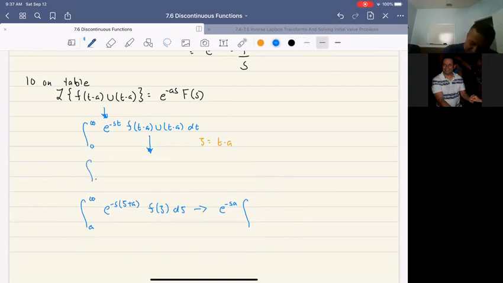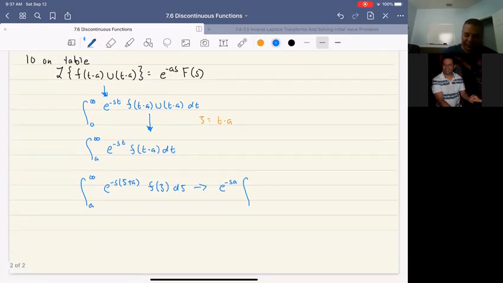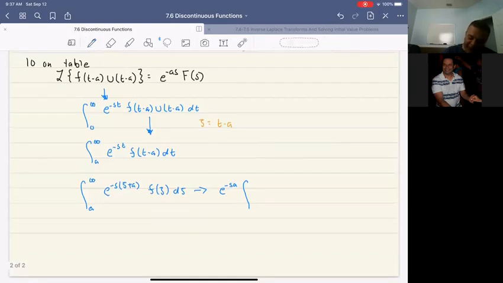This is actually from a to infinity, e to the negative st, f of t minus a dt. Okay, then we're going to make this substitution. Oh, sorry about that, guys.